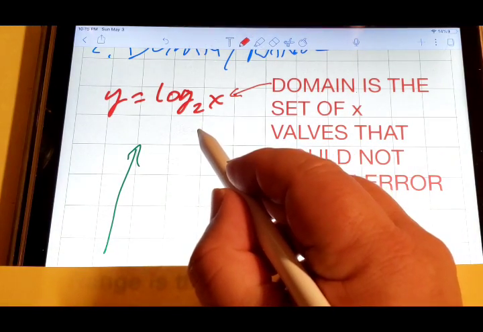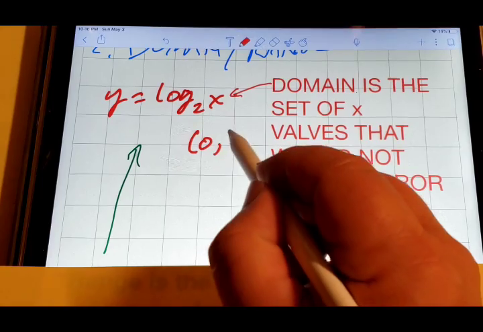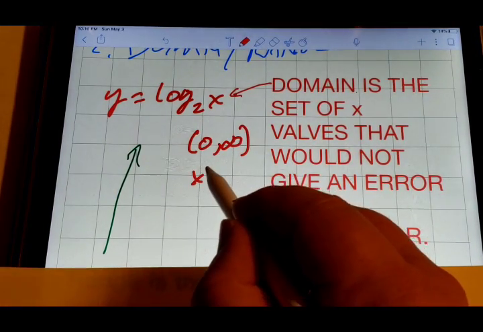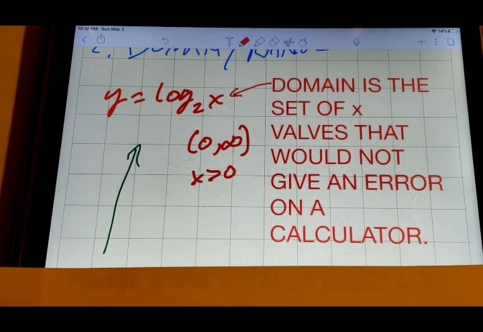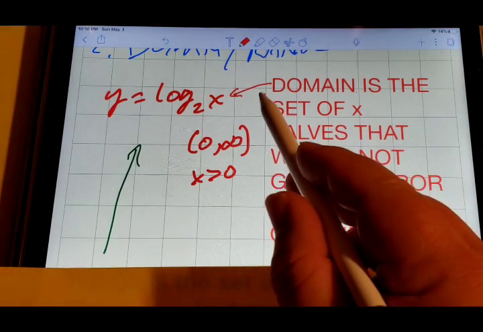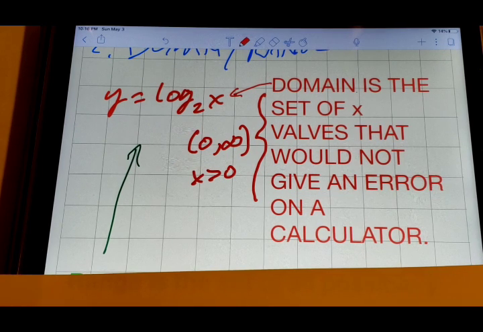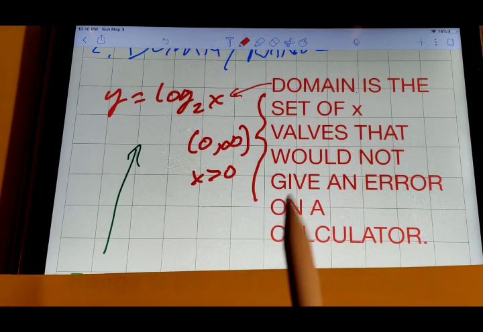The domain is 0 to infinity, or x is greater than 0. Not greater than or equal to 0. 0 doesn't work either, but x is greater than 0. So that's the domain of the logarithm function. Just the argument has to be positive, or the argument has to be greater than 0.